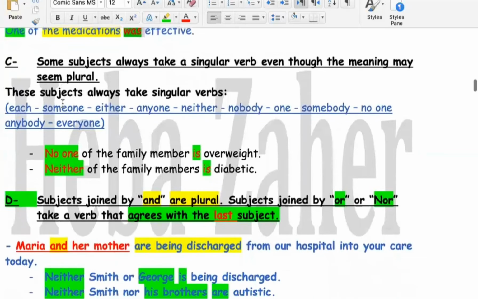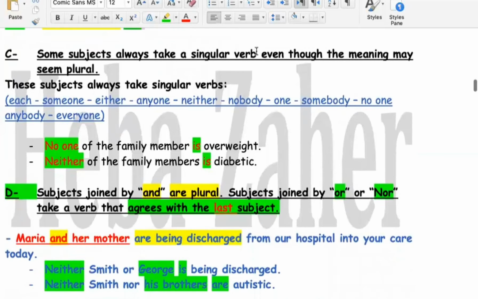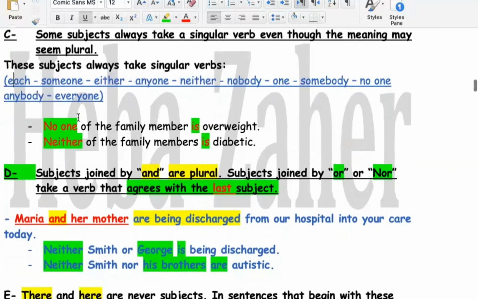Number three, some subjects always take a singular verb, even though the meaning may seem plural. These subjects always take singular verbs: each, someone, either, anyone, neither, nobody, one, somebody, no one, anybody, everyone. For example, no one of the family members is overweight.